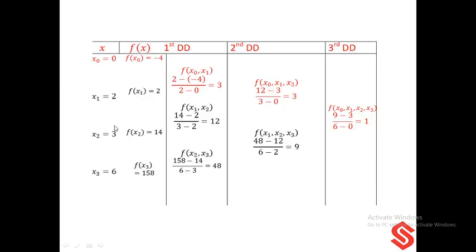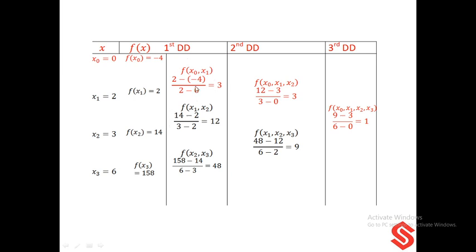So the first column, values of x: x0 is 0, x1 is 2, x2 is 3, x3 is 6. Then f(x0) is -4, f(x1) is 2, f(x2) is 14, f(x3) is 158. That is the given data. Now let us find divided differences.